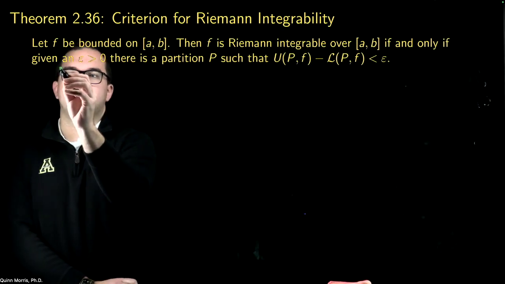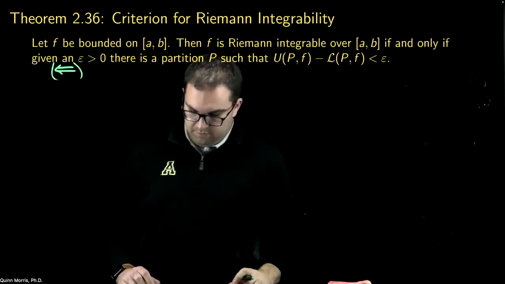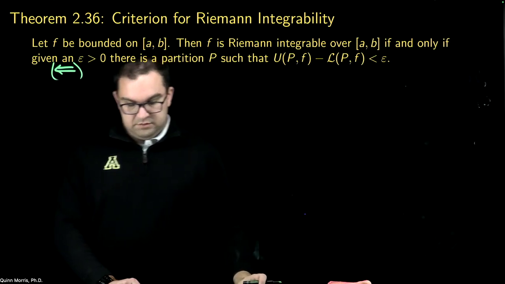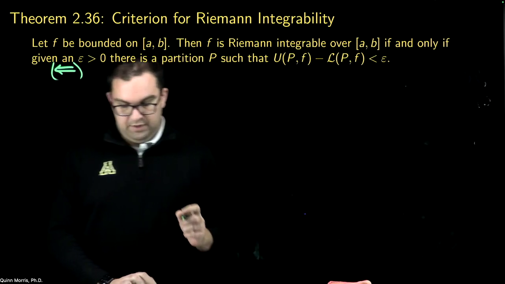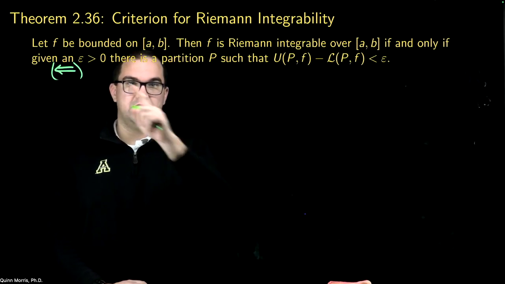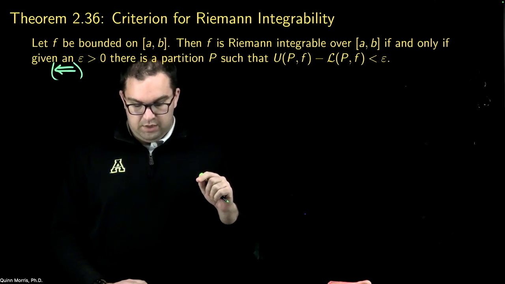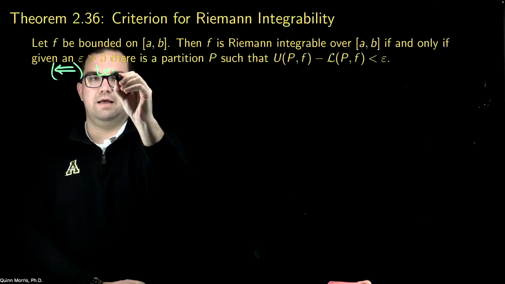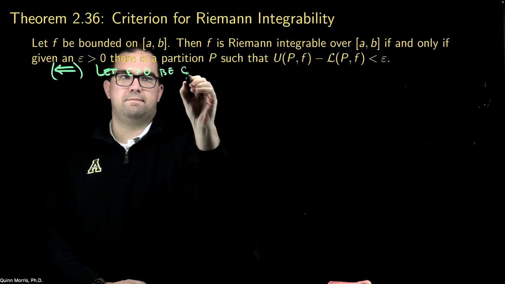So in the reverse direction here, let's suppose that we have our function f. Our function f is bounded, and we're going to take an arbitrary epsilon greater than 0. So let epsilon greater than 0 be given.